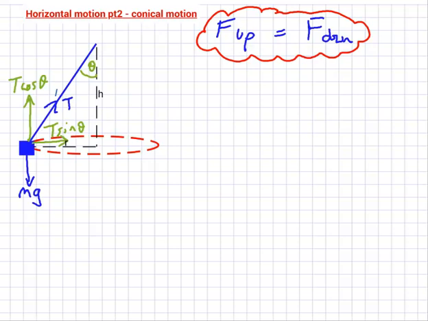So if the object is moving in horizontal circular motion, but it's on a table effectively, and the table is helping to support its movements, you're going to get, in addition to T cos theta, a normal reaction. If it's in a cone, a cylinder, a sphere, then you're going to get a normal reaction that's going in a direction that is towards the center of the sphere, and we'll look at that scenario as well.